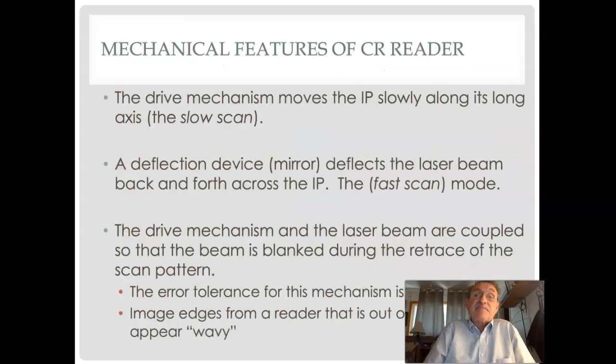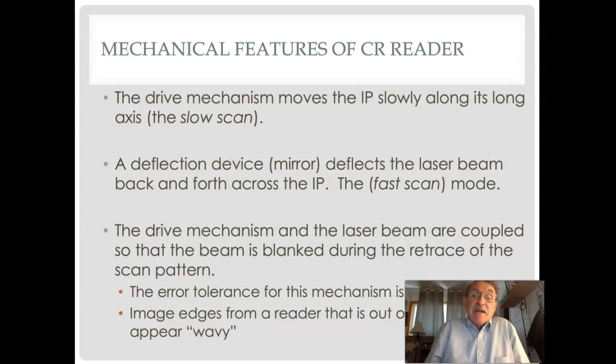on the plate. The drive mechanism moves the image plate slowly along its long axis, and that's the slow scan. A deflection device, a mirror, deflects the laser beam back and forth across the image plate, and that is the fast scan.